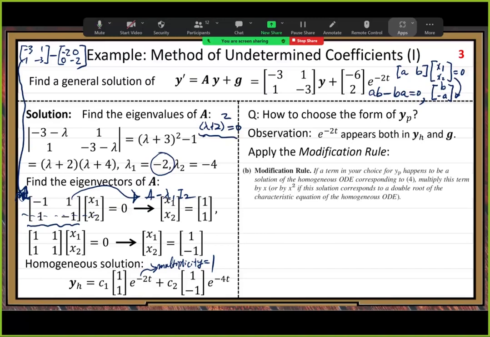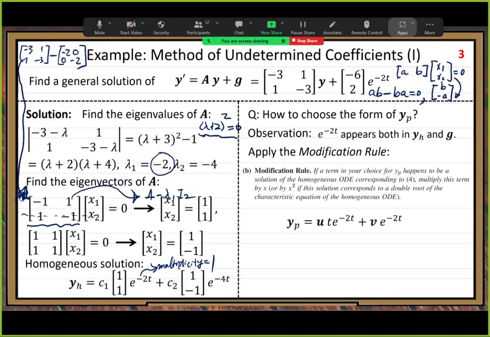Here, multiplicity is 1, so you multiply by x, or by x squared if the solution corresponds to a double root. If you have a double root, you need to multiply by x squared, and so on, of the characteristic equation of the homogeneous ODE. So that's the modification rule.